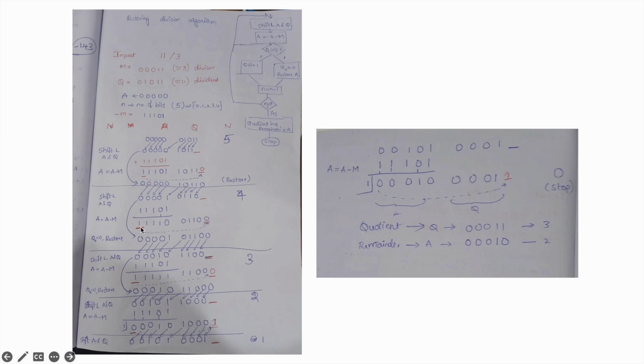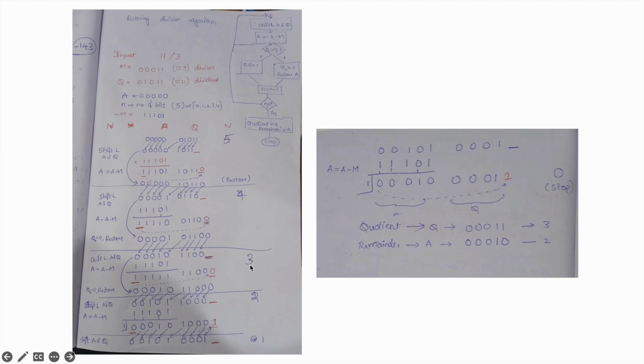So because this is 1, we have to use this as 0 and restore A. What is the previous value? 4 zeros and 1, that is restored. Instead of using this A value, we are using back the original value 0 0 0 0 1, and the Q value is the same thing. This is copied here.